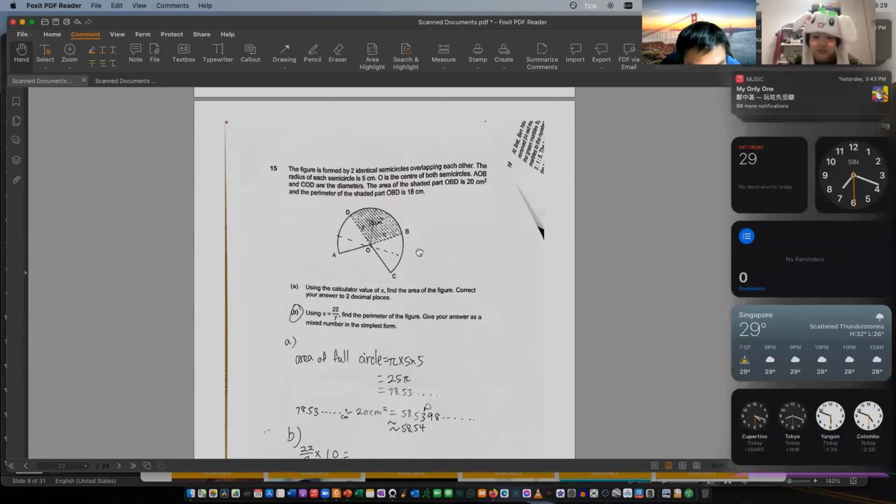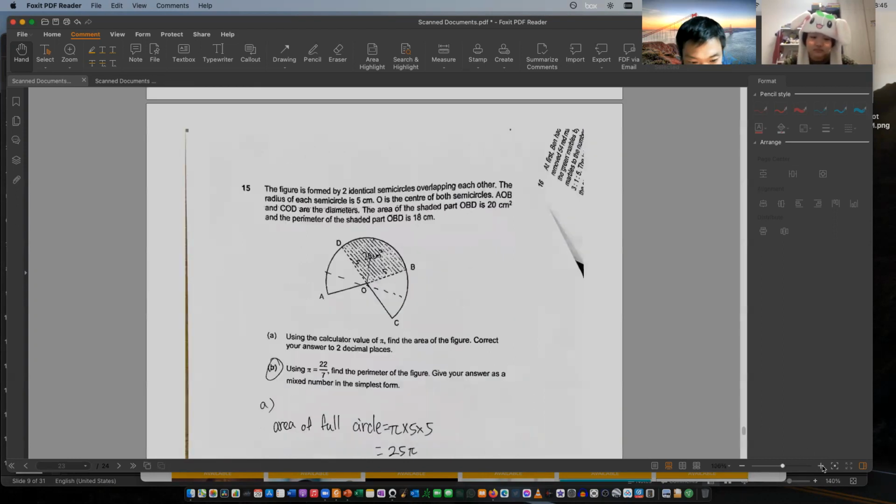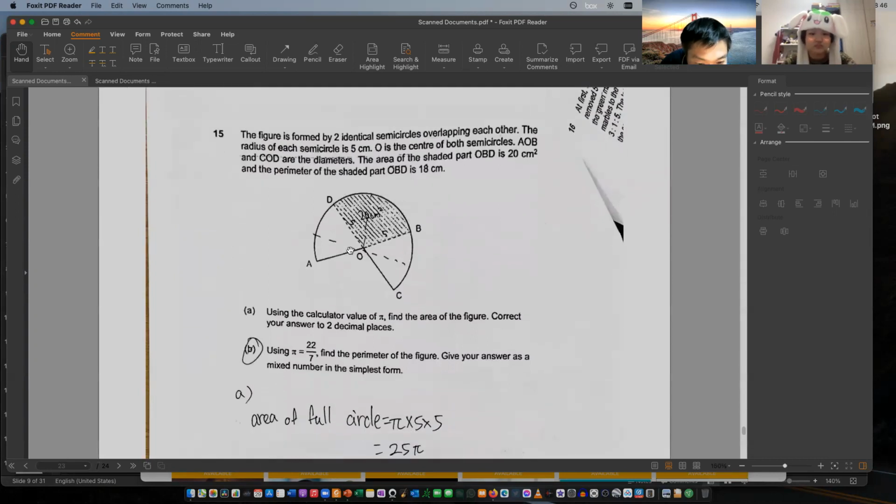Okay, you look at the question. It says find the perimeter of the figure. So I guess they want to find the entire thing, right? This entire figure, right? Should be. So in order to find the perimeter of this entire figure, what's the key here?